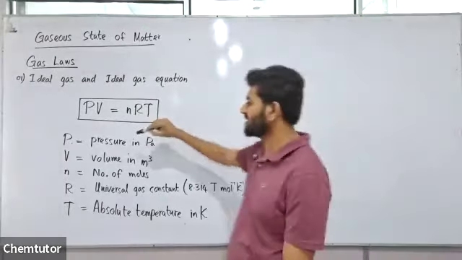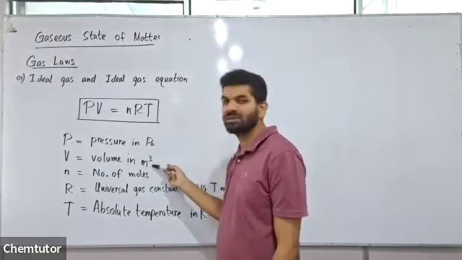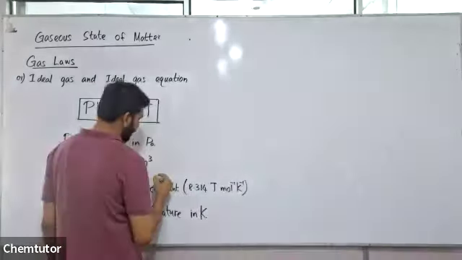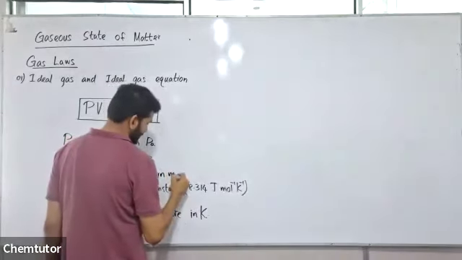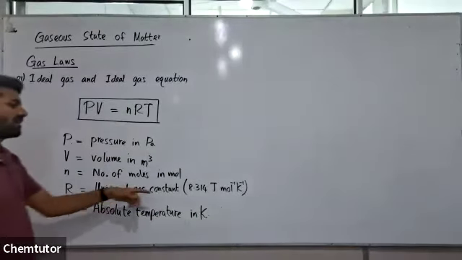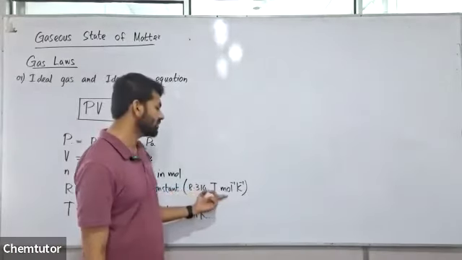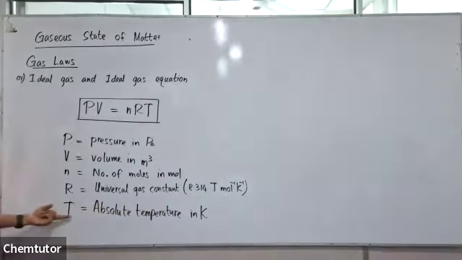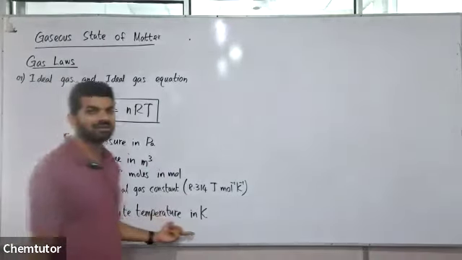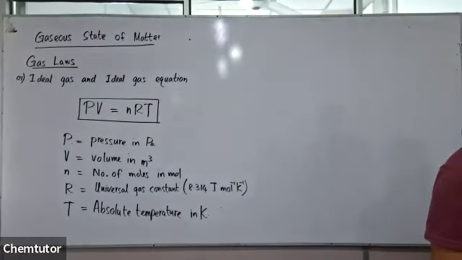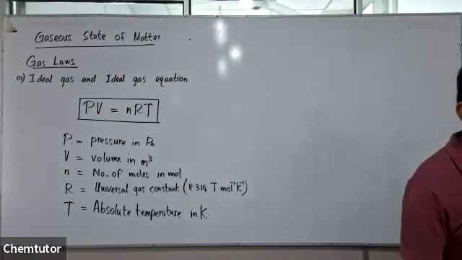P is the pressure in pascals, V is the volume in cubic meters, n is the number of moles, the unit is mole, and R is the universal gas constant. It's a constant. The value is 8.314 joules per mole per Kelvin. And T is the absolute temperature, that is in the Kelvin scale, not in Celsius or Fahrenheit. Is it clear? Right, so you can write it.